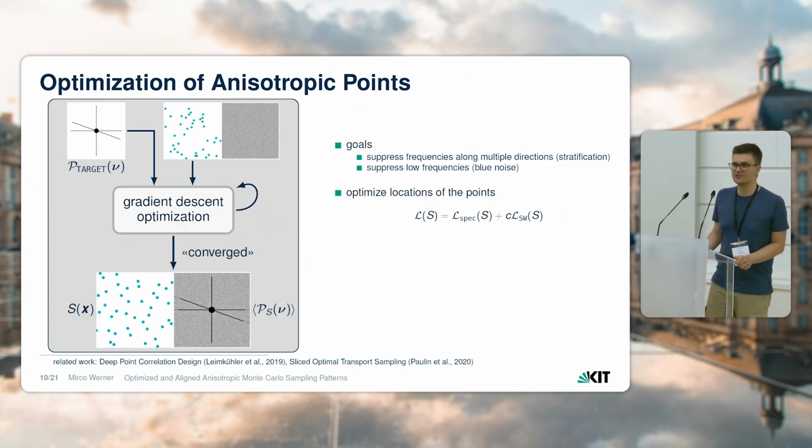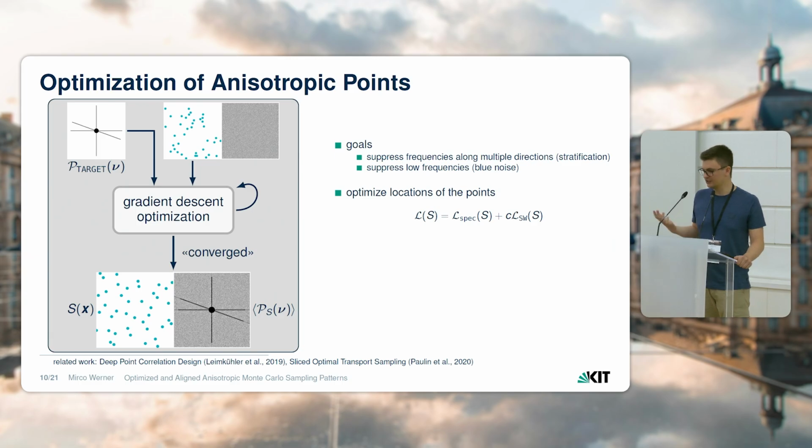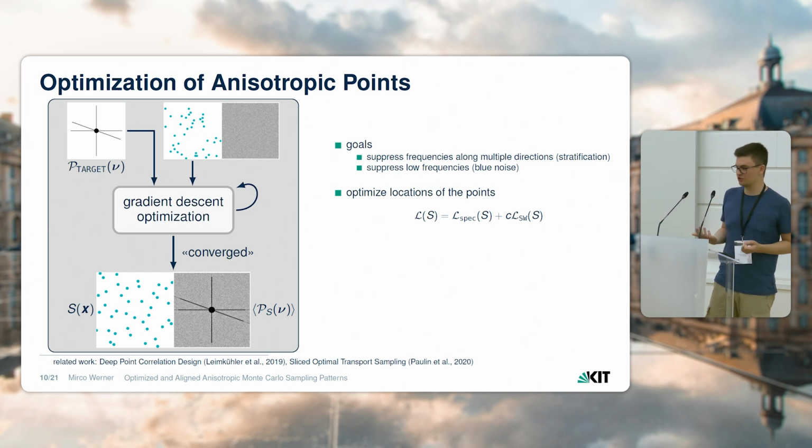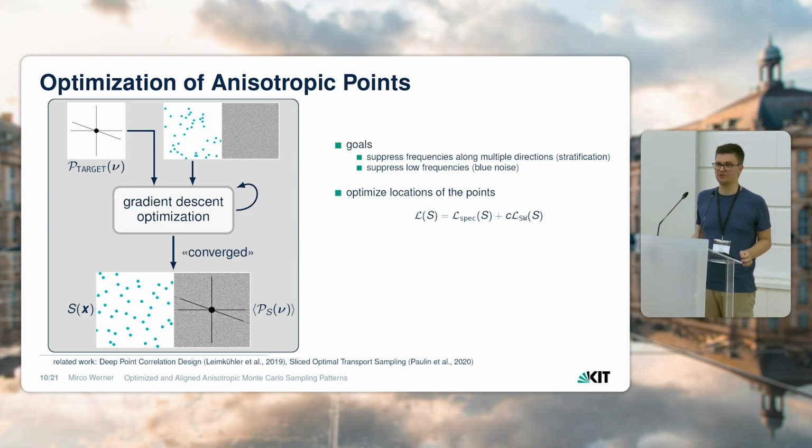Okay, so how do we do this? Our idea here is that we just use a standard gradient descent solver or optimizer. And of course, for that, we need some kind of objective function, which we can put into this optimizer, and then it optimizes this function. And we can see here that our objective function in this case is made up of these two terms.